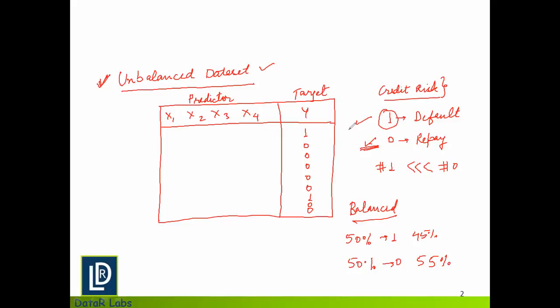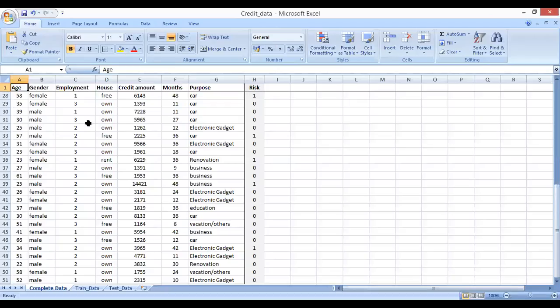Now, let's get to the example and try to understand precision and recall with this understanding of an unbalanced data set. So here's the data, the same data which we were talking about, credit risk scoring.